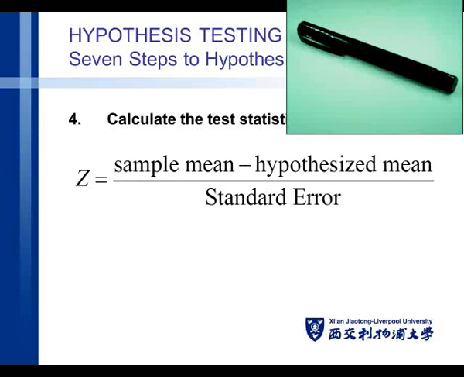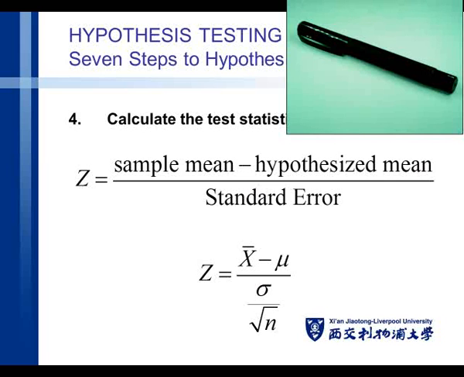So the number you calculate is a standardized number that comes from the standard normal distribution, so it's something you can compare against it. Because on average, the sample average should be equal to the one from the population, right?